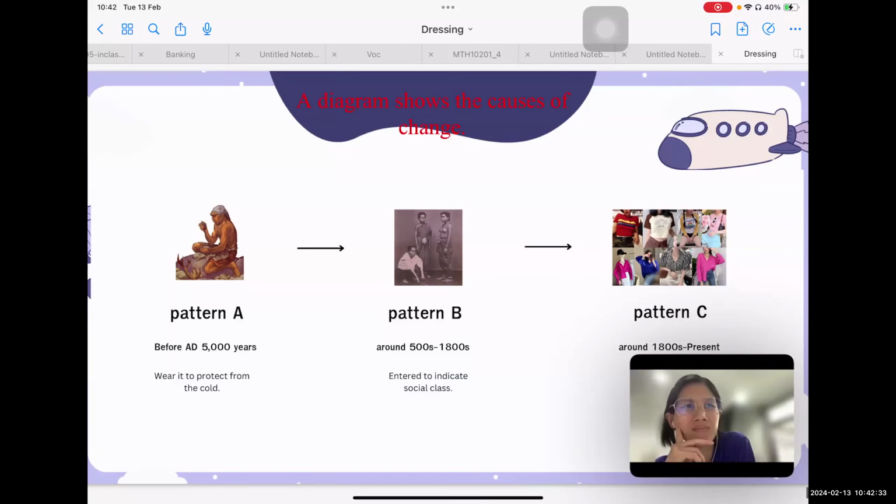In the present, pattern C, technology came along and made clothing cheaper and accessible to anyone, and there was an exchange of culture allowing youth to see clothes from many countries, until the origin of world fashion. Fashion generally refers to a prevailing trend or style in clothing.